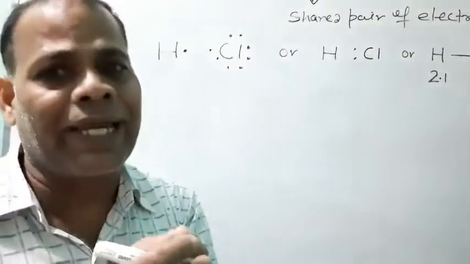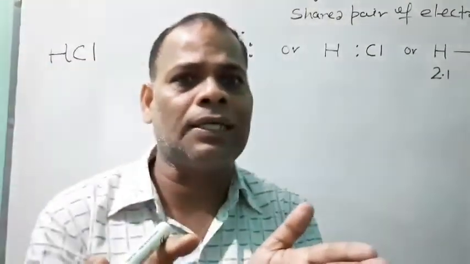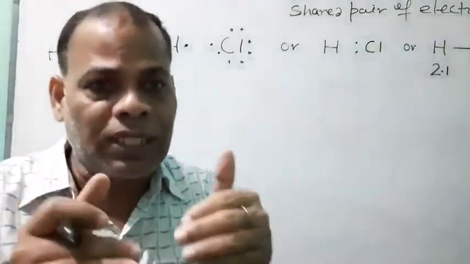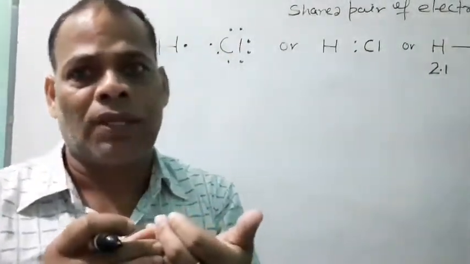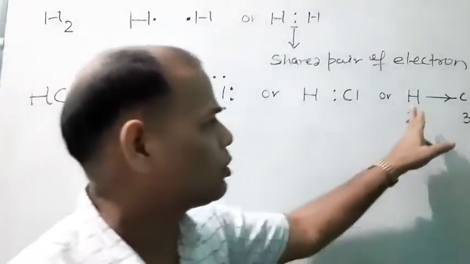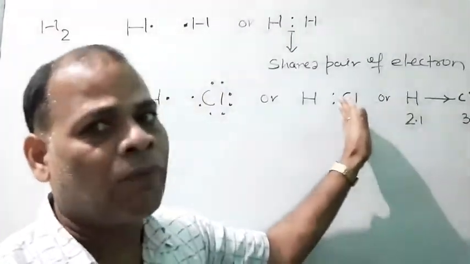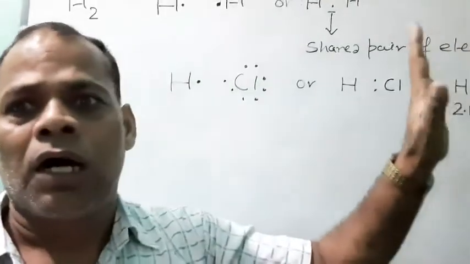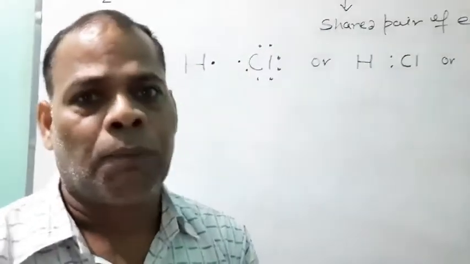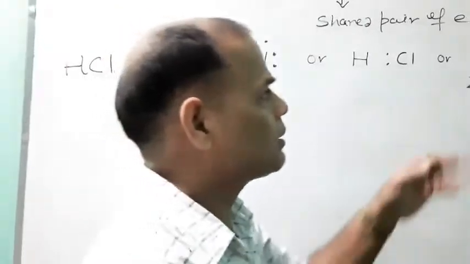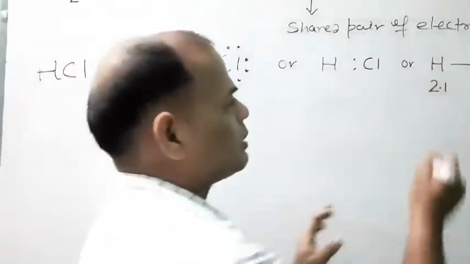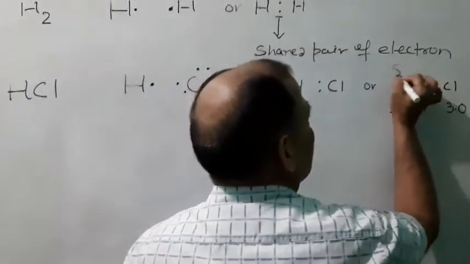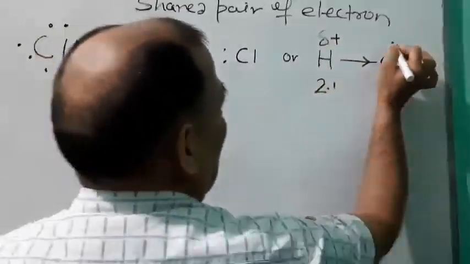So this creates a charge. This creates a pole. This situation, the shifting of electron towards one of the nuclei of an atom, creates polarity. As a result, it becomes delta positive charge and delta negative charge.